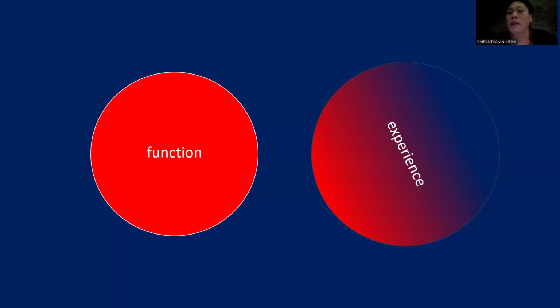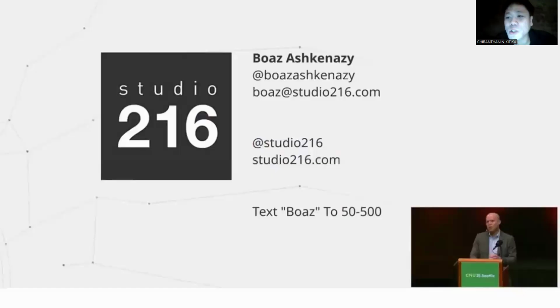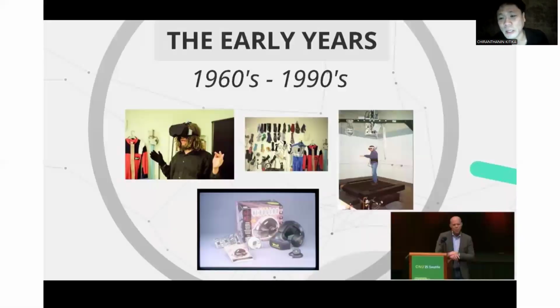Okay, design experience. We jump into the second clip that I sent you, the thing from Studio 216, where he designs a new thing, but not a new thing. He wants to merge reality into the design.